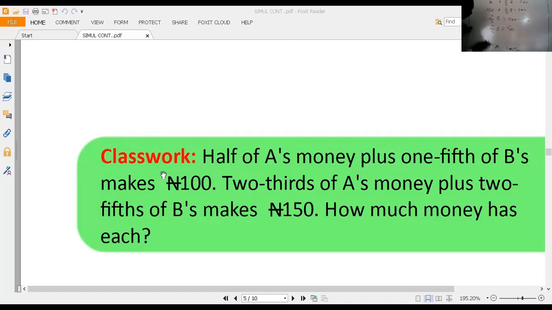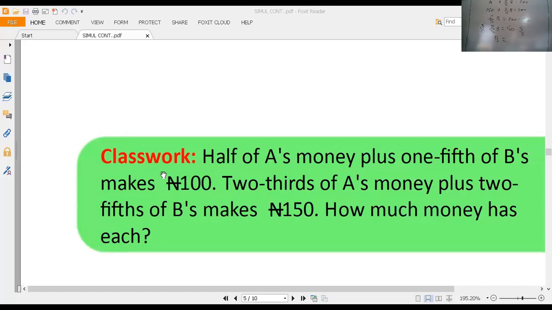We have our a to be 150 already; you should bear that in mind. So when you multiply both sides by 5 over 2, this will cancel this and this will cancel this, so we are left with b.